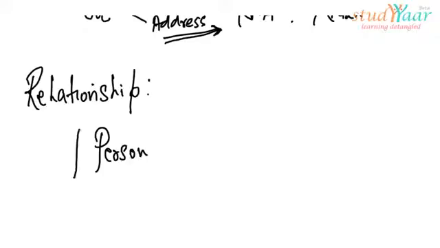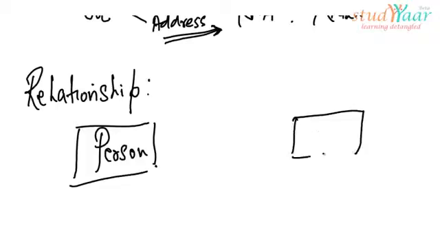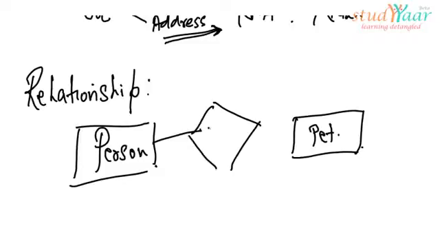Let's suppose we have a person and we have a pet. So, the relationship between the person and the pet is that a person owns a pet, right? By owning a pet, this person is interacting with a particular pet.